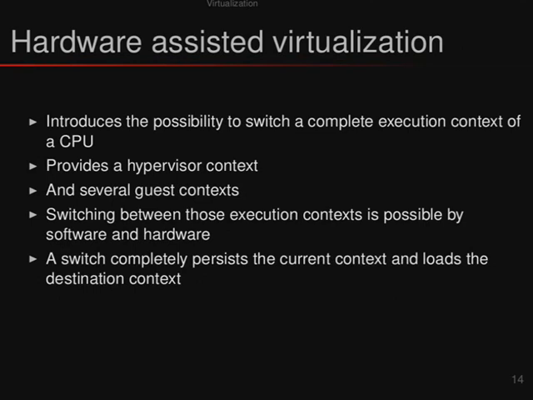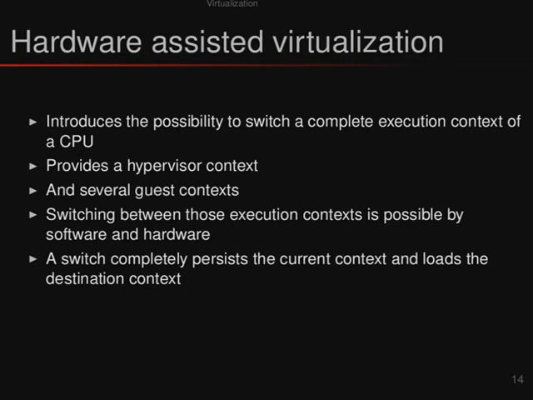And those features introduce the possibility to persist the complete execution context of running code, put it somewhere in memory, and restore another context. There is generally one hypervisor context where the whole hypervisor lives and does its stuff and manages all the guest contexts, and several guest contexts.